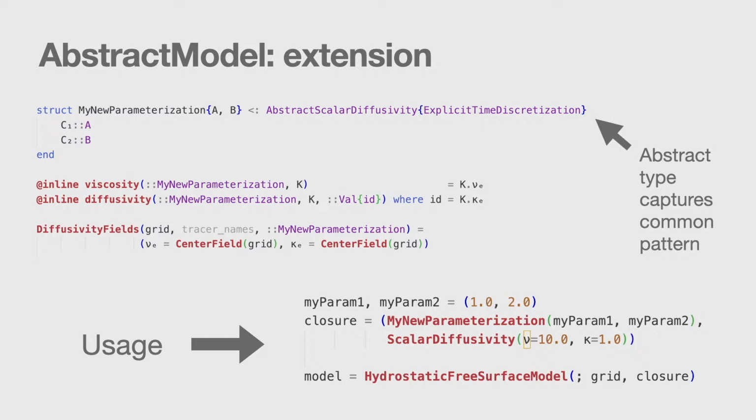I mean, this might seem trivial for all the Julia people, because this is basically a pattern of the whole Julia ecosystem. But for ocean modelers, it's extremely important to have easy accessibility to new parameterization development, because there is a lot of work in the ocean modeling community on new parameterizations.